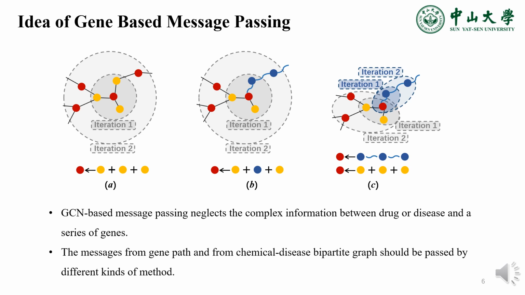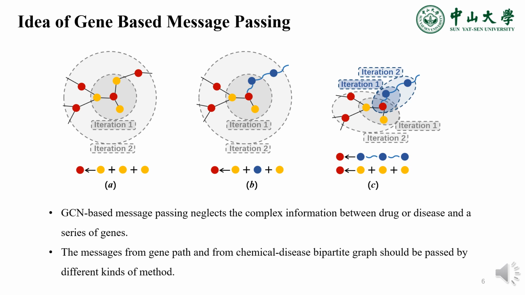As I said in the last slide, the mechanisms of drugs or diseases are presented as paths in the heterogeneous graph. We notice that different information should be passed in different ways. Otherwise, the model cannot extract the useful knowledge in the graph. Like the gene path in GCN-based message passing will be cut into several triples.